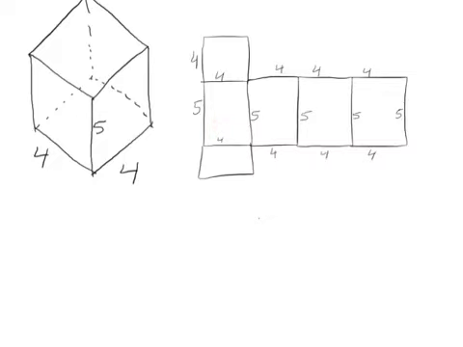So in the end, your area would be 16 plus 20 plus 16 plus 20 plus 20 plus 20. That would give you a grand total of 112. If I had given you a unit, you could say, for example, 112 centimeters squared. So that would be the long way to find the surface area.